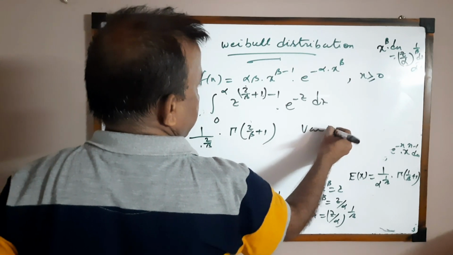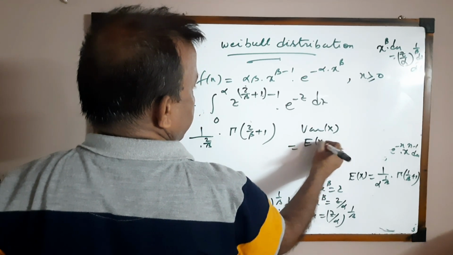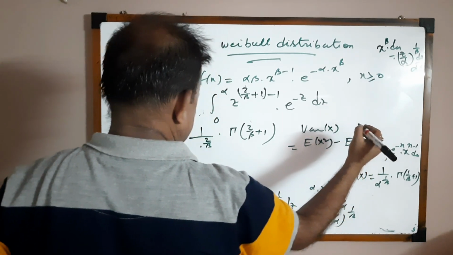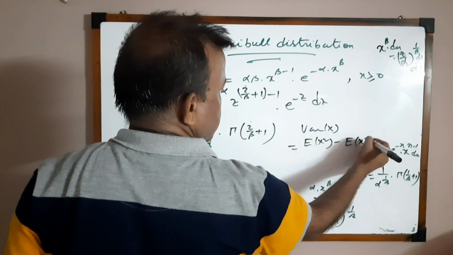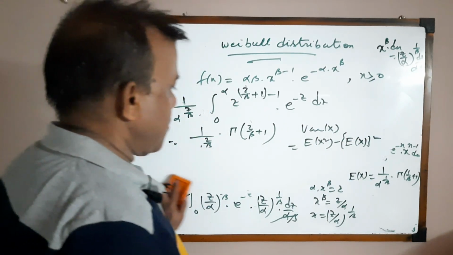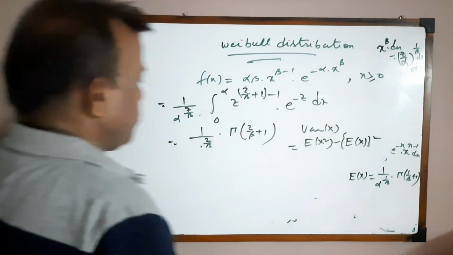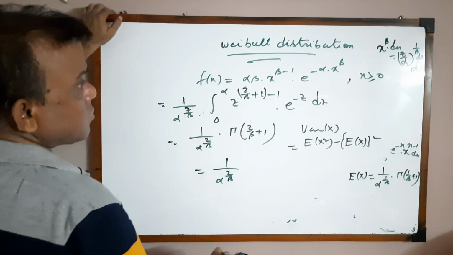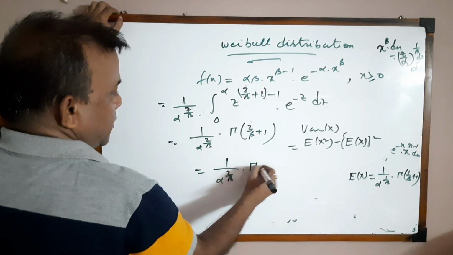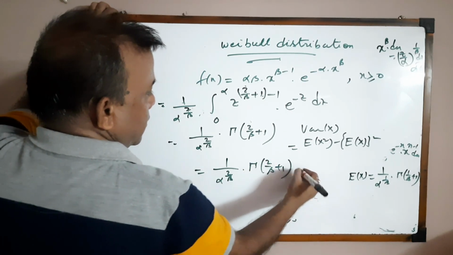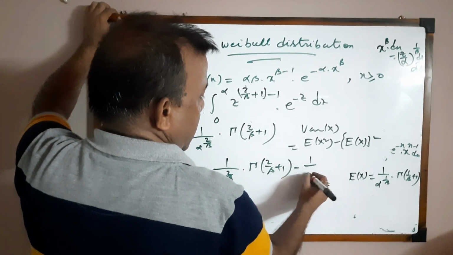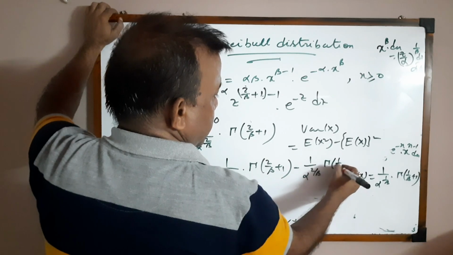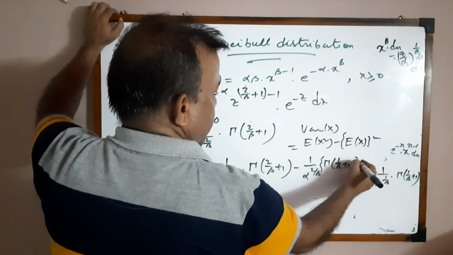Therefore, variance x is equal to E(x square) minus E(x) whole square, which equals 1 by alpha to the power 2 by beta into gamma 2 by beta plus 1 minus 1 by alpha to the power 2 by beta into gamma 1 by beta plus 1 whole square.